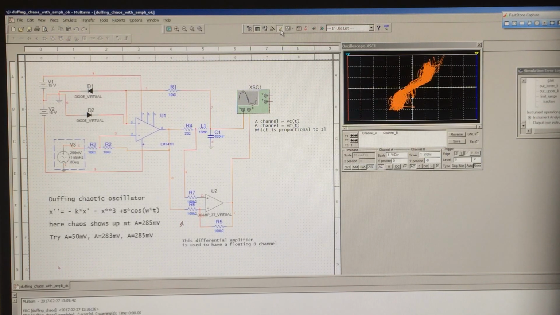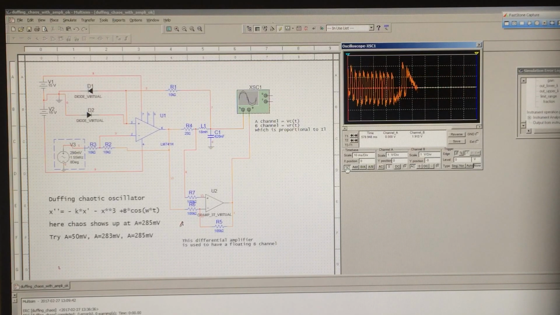So the feature is about the same, and let's look at the signal of the current going through the inductor. So I switch to the first channel, and we go into a YT display, and here you see very well that we have an irregular, let's call it a chaotic, behavior of that parameter.